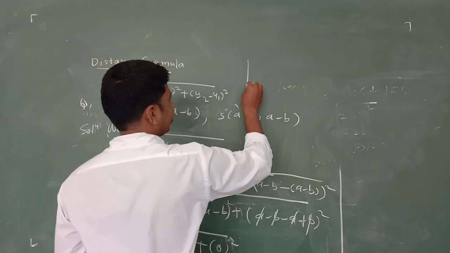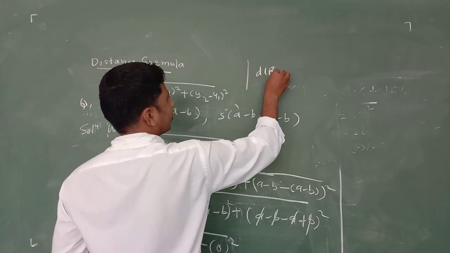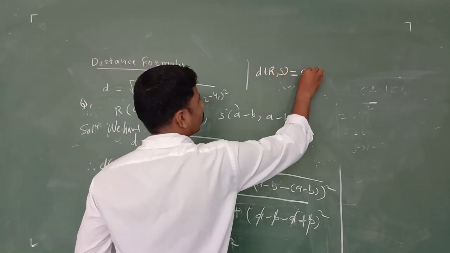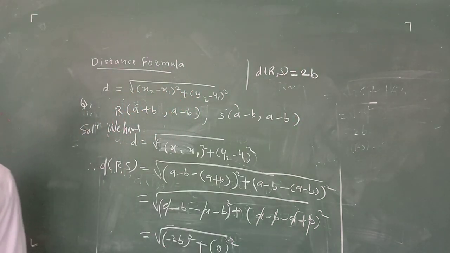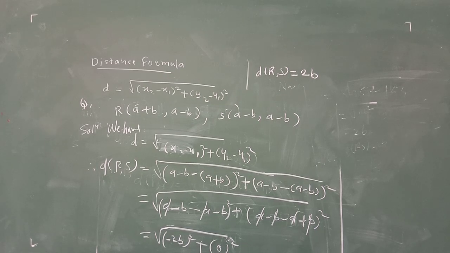I will write here: distance RS is equal to 2b. Likewise, you are able to solve the question.